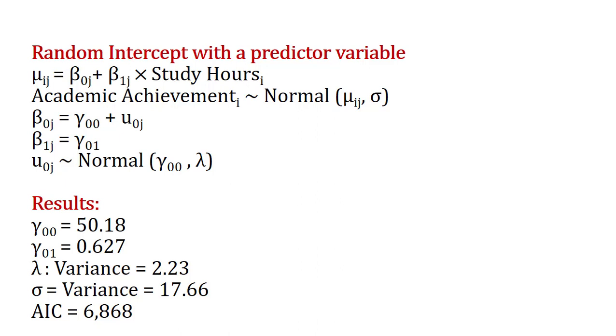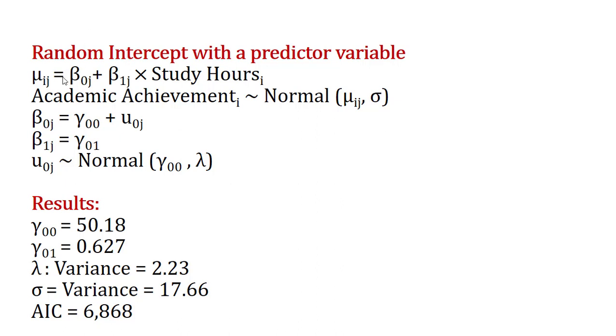Okay, in this video I'm going to explain more complex multi-level models, still in case study 1, in which we are studying the effect of some variables on academic achievement.